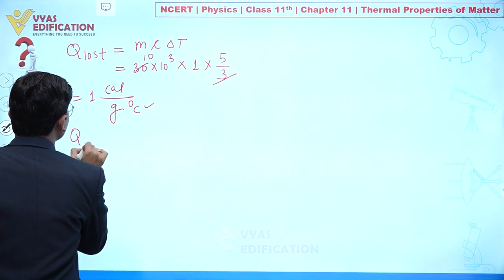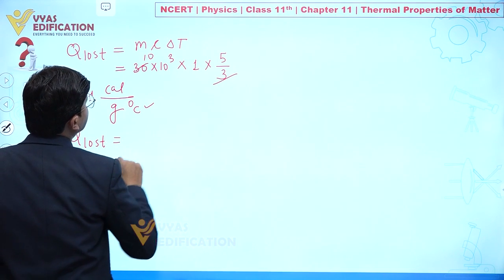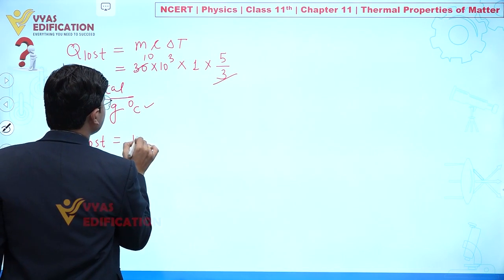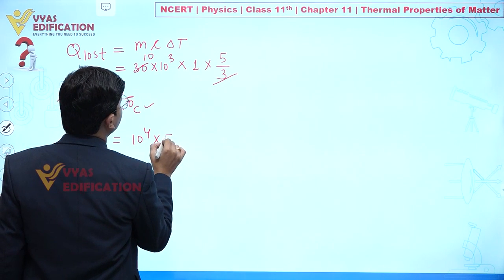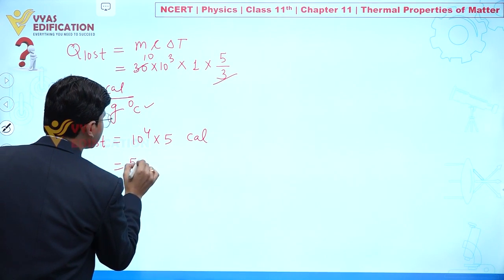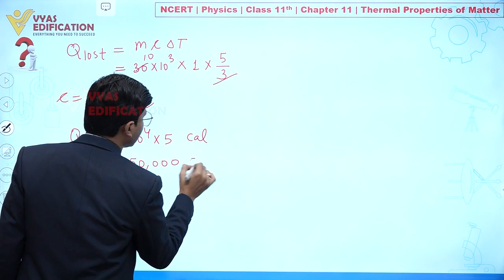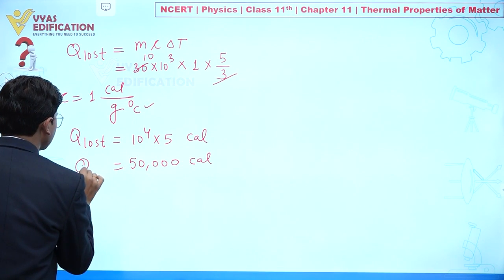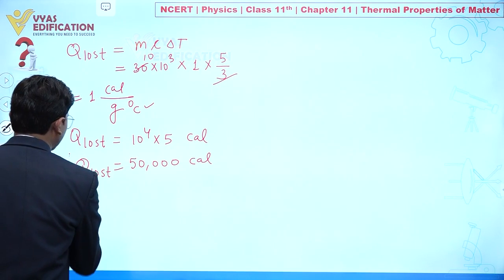So the total amount of heat lost by the human body is 10 to the power 4 multiplied by 5, in calorie. So this is 50,000 calorie, and this is the heat lost.